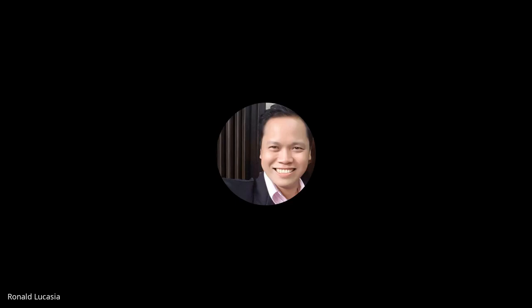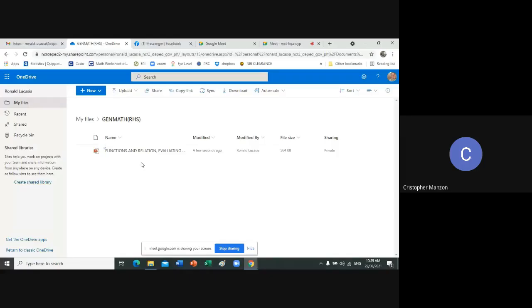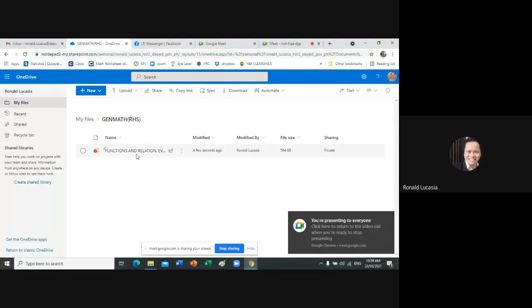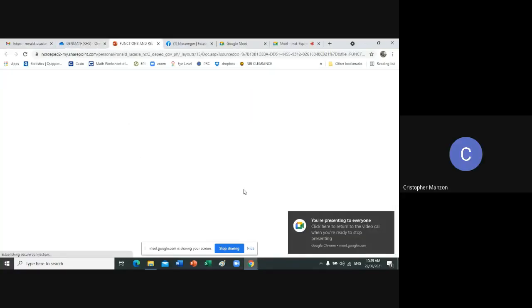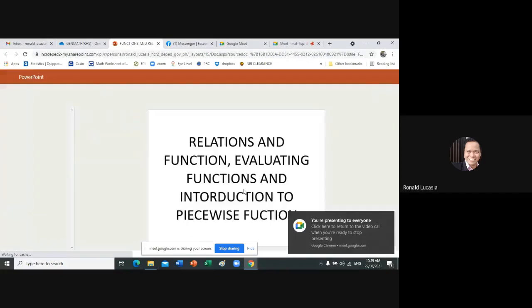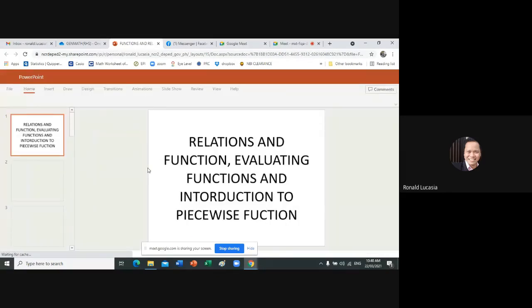Uunahin mo yung 1 over 8. Hindi, kung uunahin ko po yung 1 over x po sa 8 po. Hindi. Ay, hindi. Kailangan mo mauna pa rin talaga yung ano. Ang tinutukoy mo is ito, no?